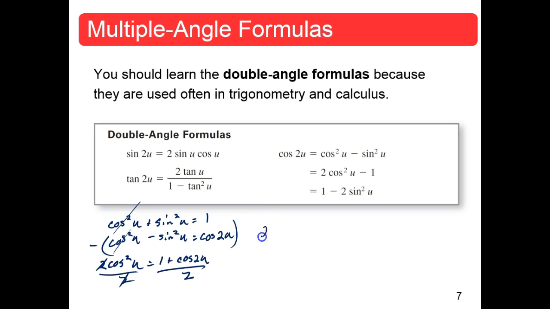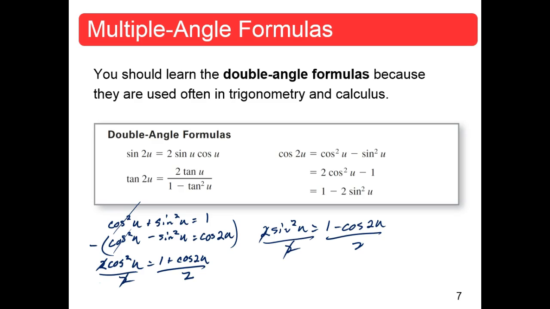So that gives you 2 sine squared u, right? And that is equal to 1 minus, because you're subtracting, cosine 2u. And now all you have to do is divide by 2. And now you've got a power reducing formula for sine squared. Sine squared u is 1 minus cosine 2u over 2.